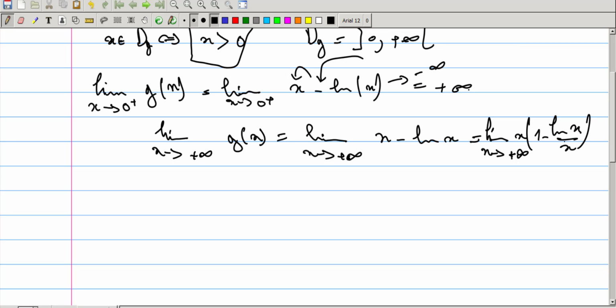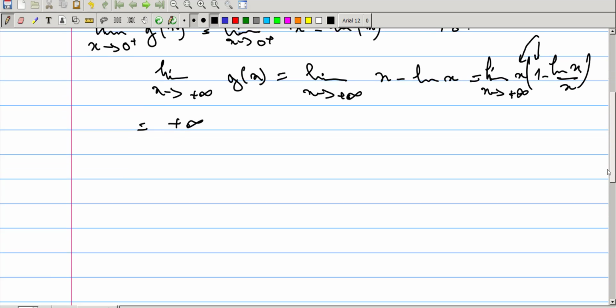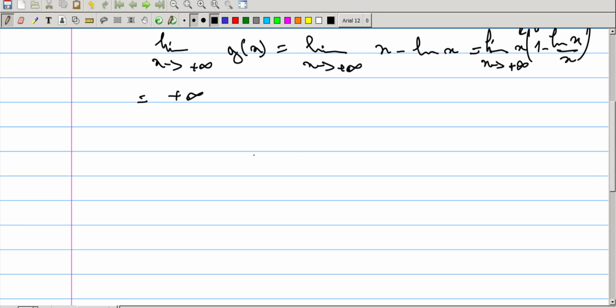So x over x, we have this limit, as the course says, it equals 0. And infinity times 0 times 1, because the 0 will go and we have only the 1, multiplied with plus infinity, and we get plus infinity. It's clear. So now let's move on to the next example.